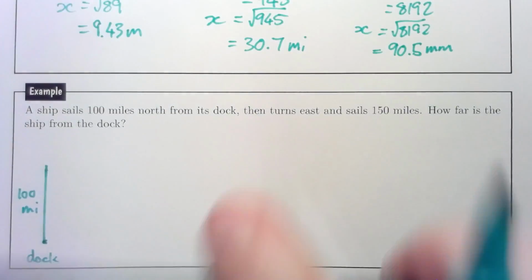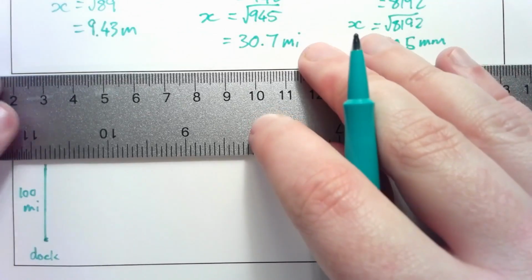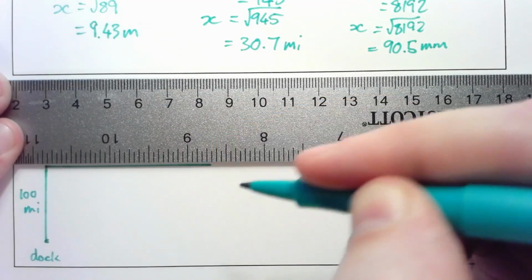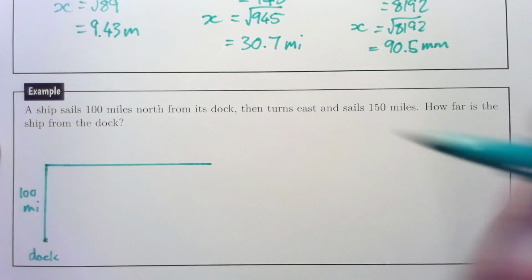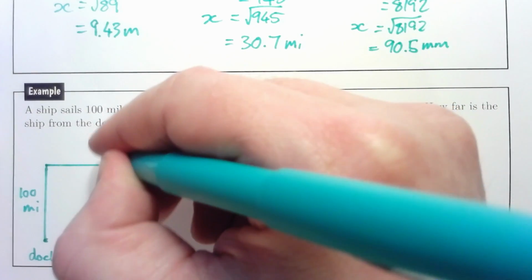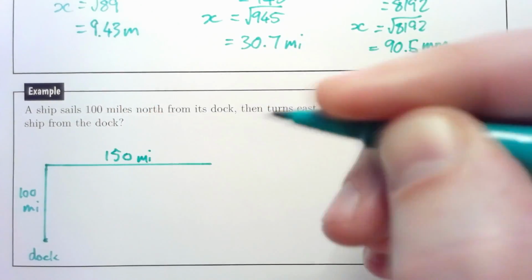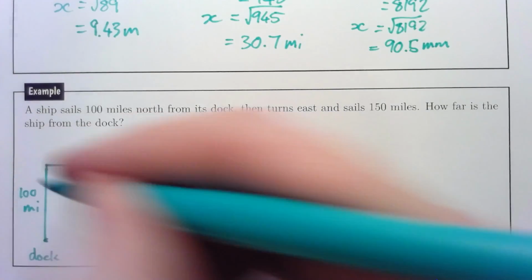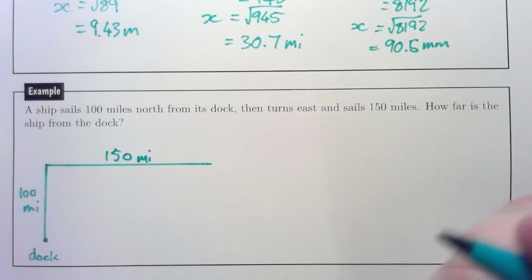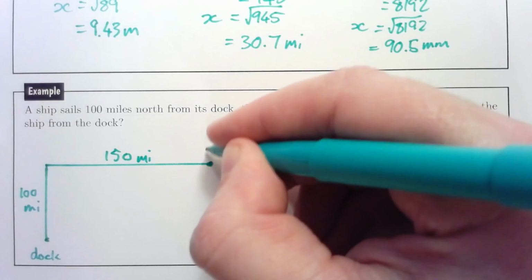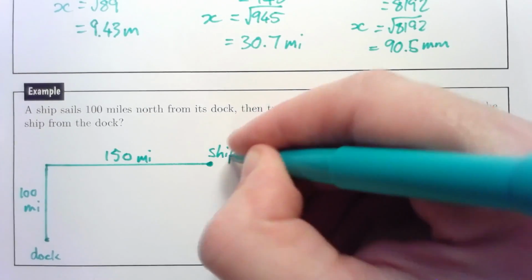And then our ship turns east and sails a further 150 miles. I'm not drawing this to scale, but I am drawing it using a ruler to make it as neat as possible. So this is our new location for our ship.